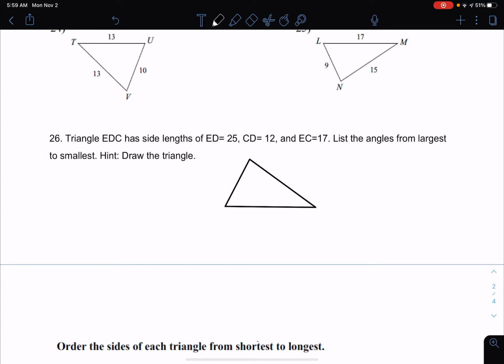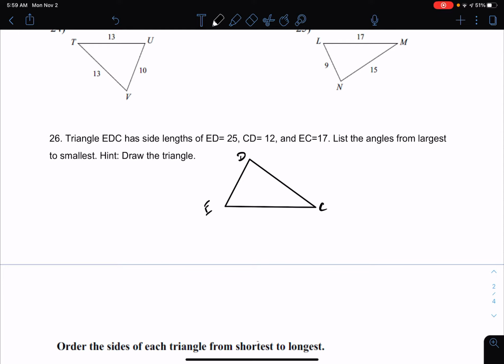Then you just name the sides, so EDC, just like that. Now you actually have to plug in the numbers. It's probably not going to be drawn to scale and look all beautiful, but as long as you understand which ones are the largest sides and which one would make the biggest angle, you'll be okay.